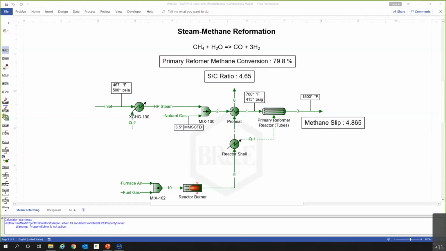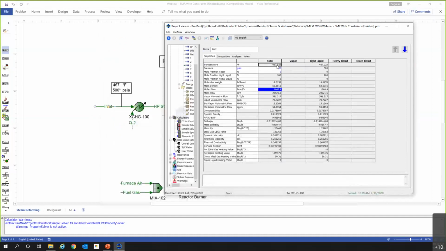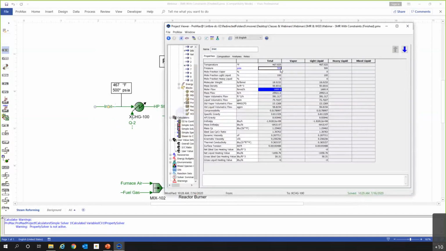Buddy asked, what changes when the steam properties change slightly? What we've done here is we've set our pressure and let the temperature change because we know we want a light liquid going into that exchanger. If you had a higher temperature than 467, we could definitely play with that and see what happens.